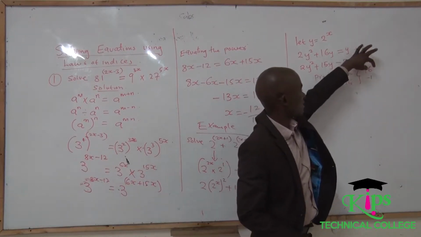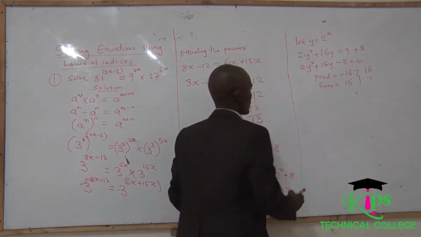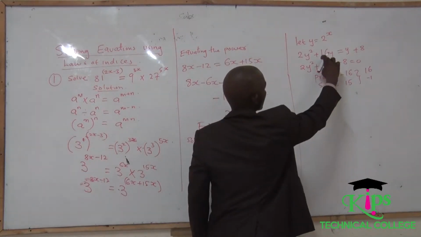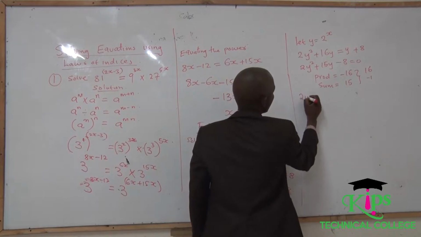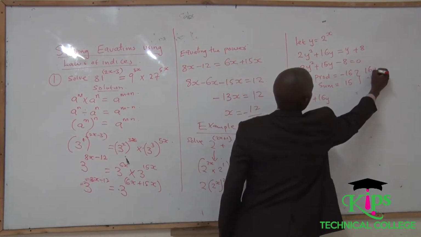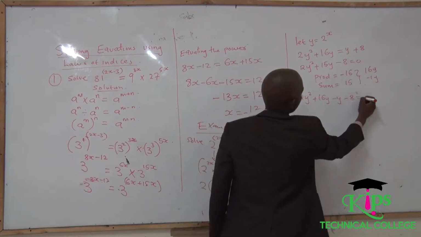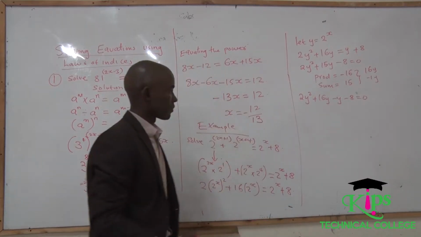But if you add 16 plus minus 1, you will get 15. So we replace it at this particular point, whereby we shall have 2y squared plus 16y. Remember, this is y and that is y. Minus y minus 8 is equal to 0.